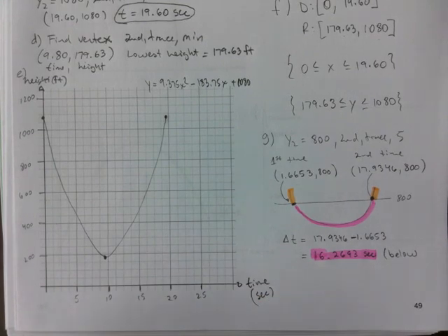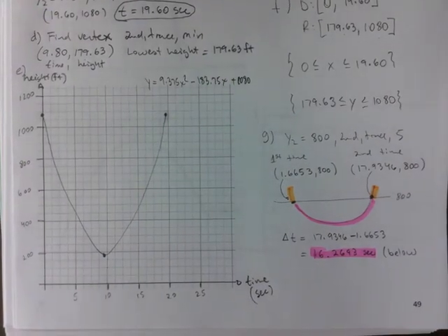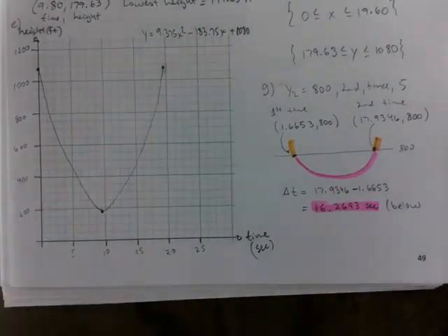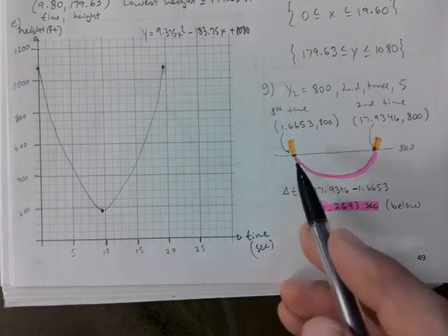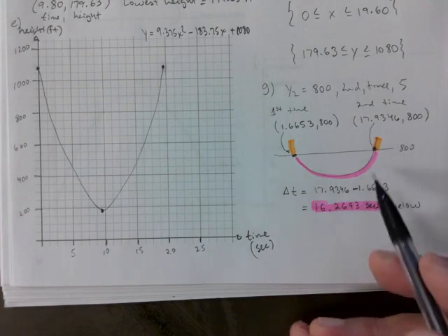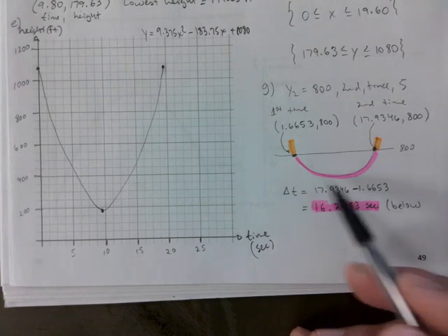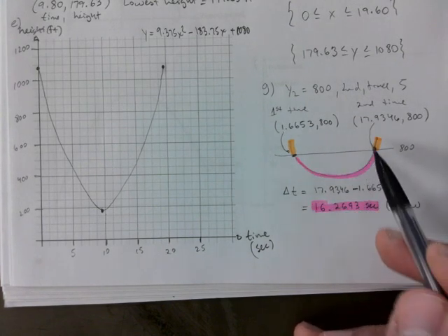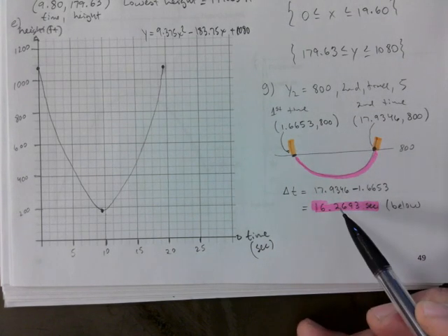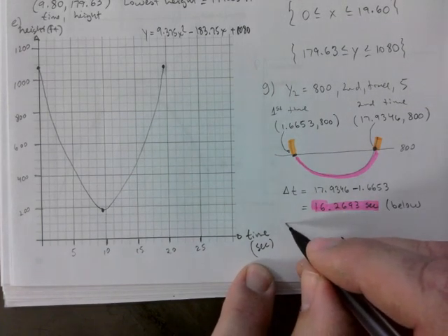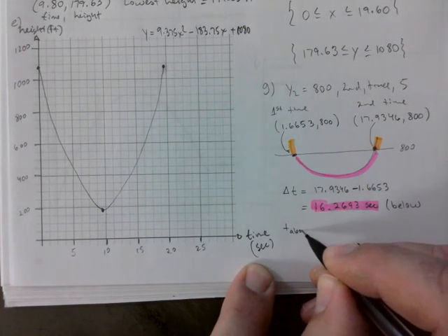And I know this is tricky. I know some of you might have a hard time wrapping your head around this, but when you subtract, you find the arc. Think of it this way. When you subtract, you find the arc. So this could be like this or like this, but that's what you're finding. So time above, watch this, and then I'm done.